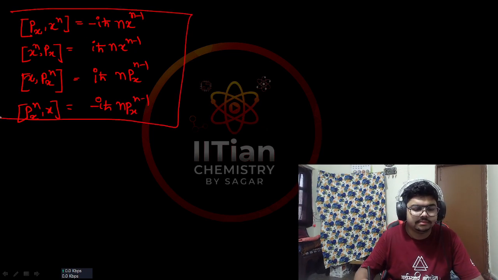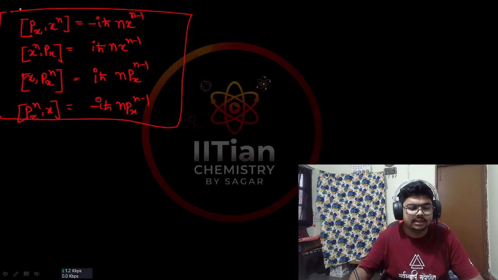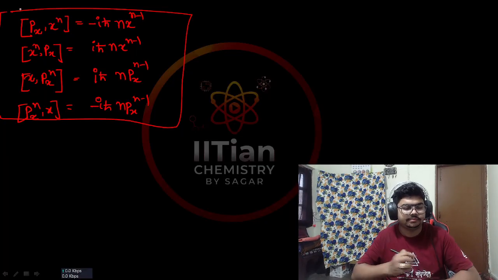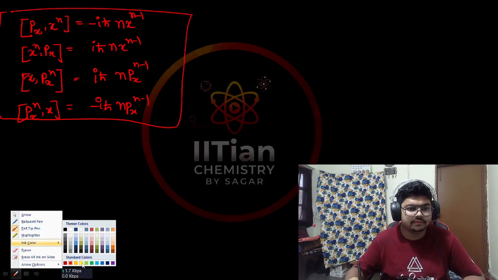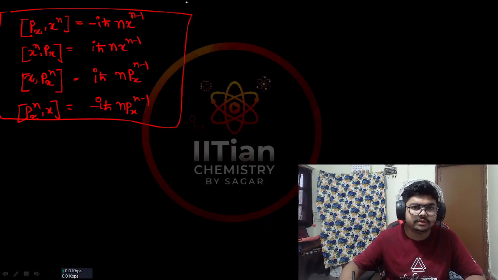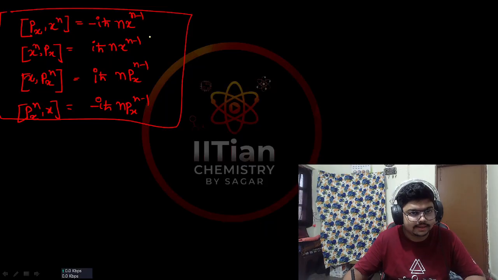Is it clear? Now how will you remember this? You have to remember this to solve quantum mechanical problems faster. You have to recall this. Now how will you recall it?